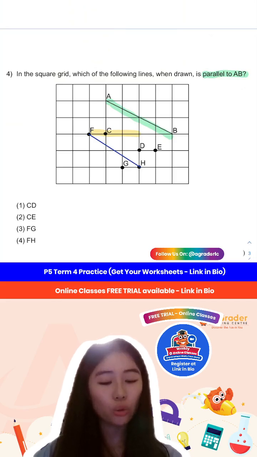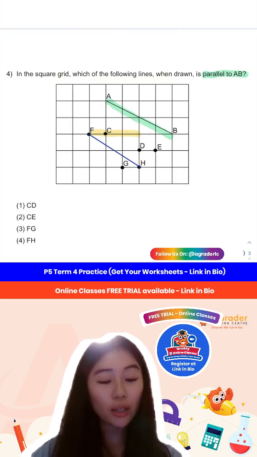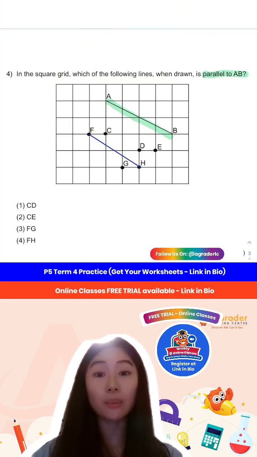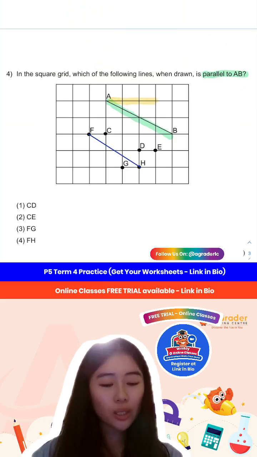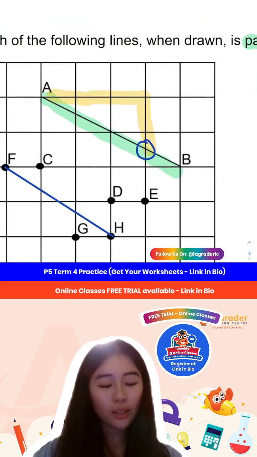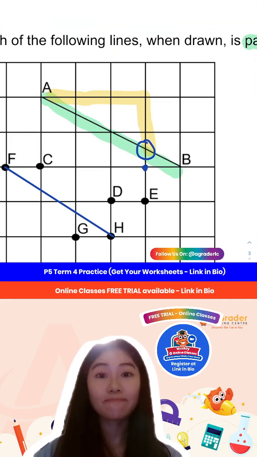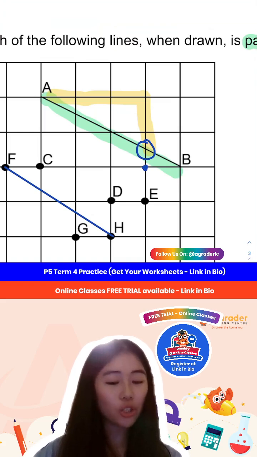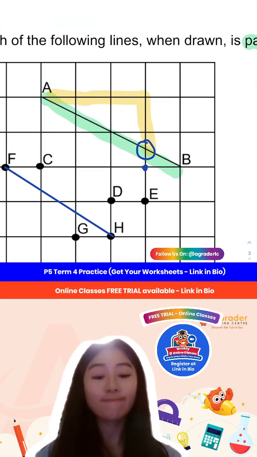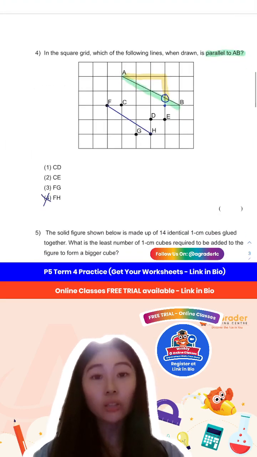Okay, then you go 2 steps downwards. Okay, so it's 3 steps, 2 steps. So you can check for AB, does this apply? So if you go 3 steps, you go 2 steps, okay, you can see that it does not intersect at the correct place. Okay, so therefore FH is not the answer. Yeah, so FH is not correct.